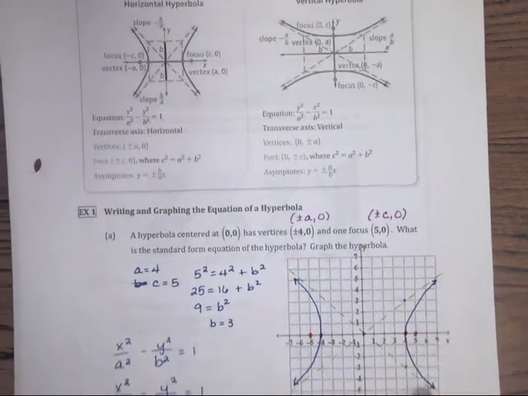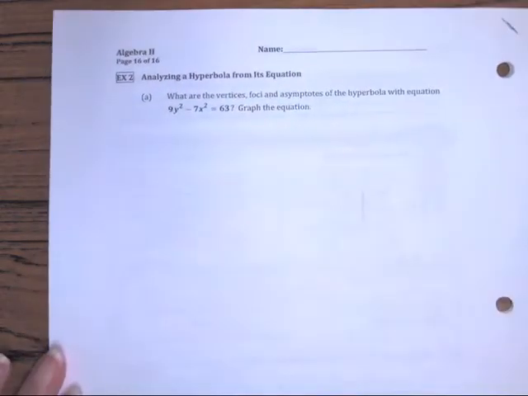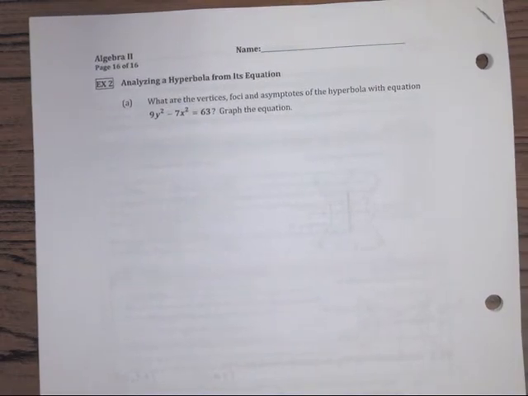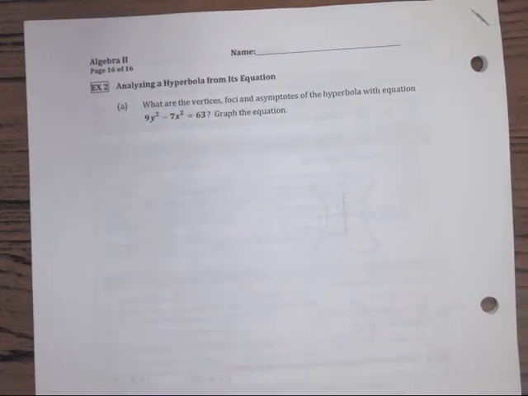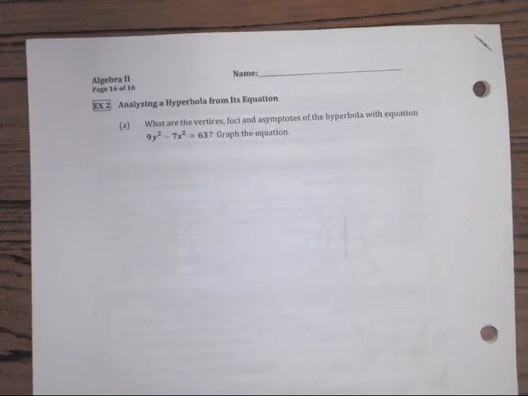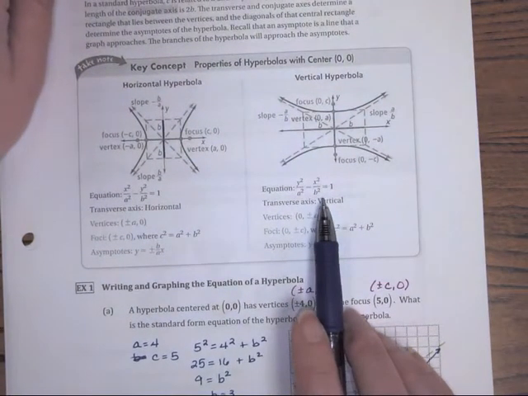Let's flip to the next page. It says, what are the vertices, foci, and asymptotes of the hyperbola with this equation? Now, this is pretty cool. So, would you agree that our standard equation, when we're looking at hyperbolas, equals 1, doesn't it? Ours equals 63.